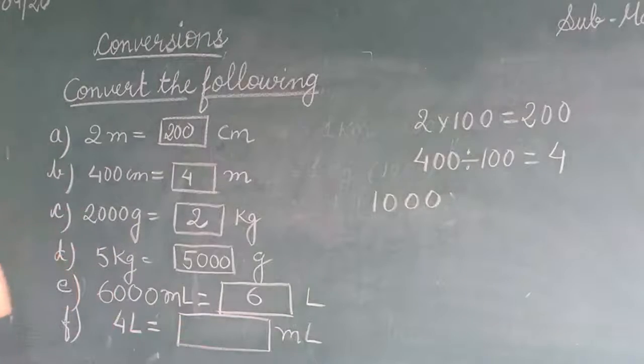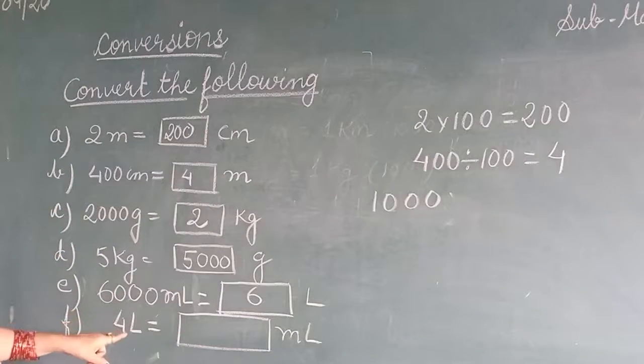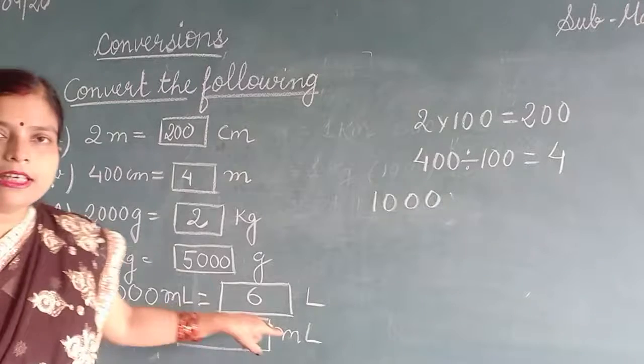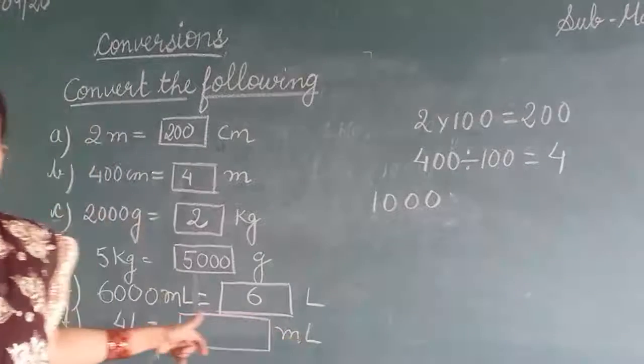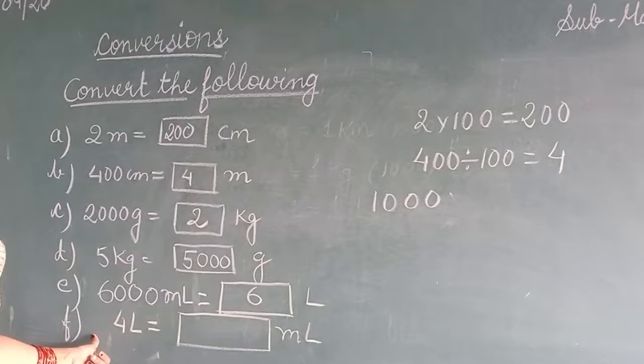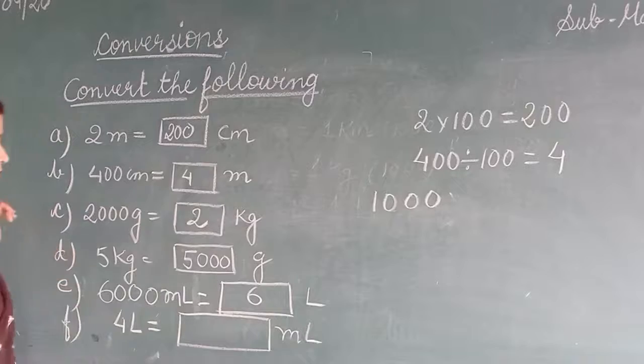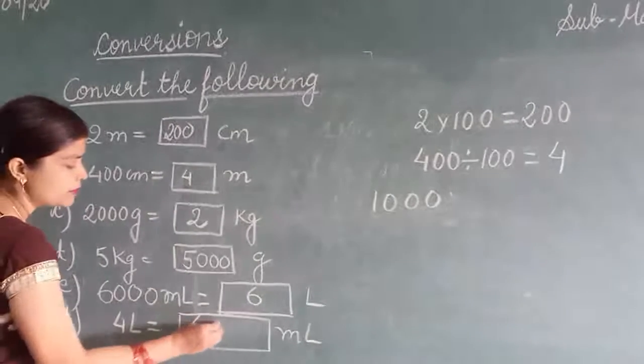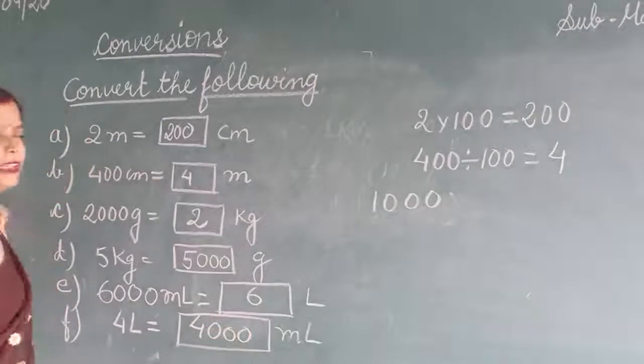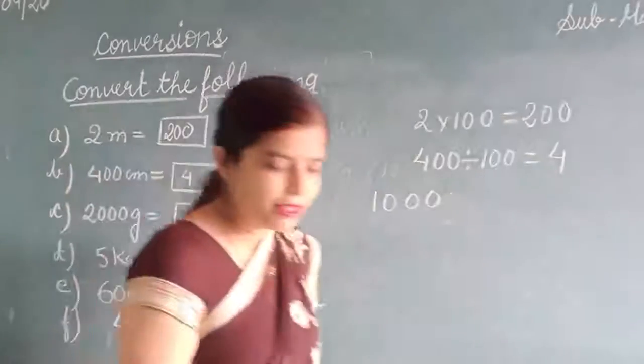Here it is liter, a bigger unit, and this is a smaller unit. So we have to multiply by 1000, and it will be 4000 milliliter.